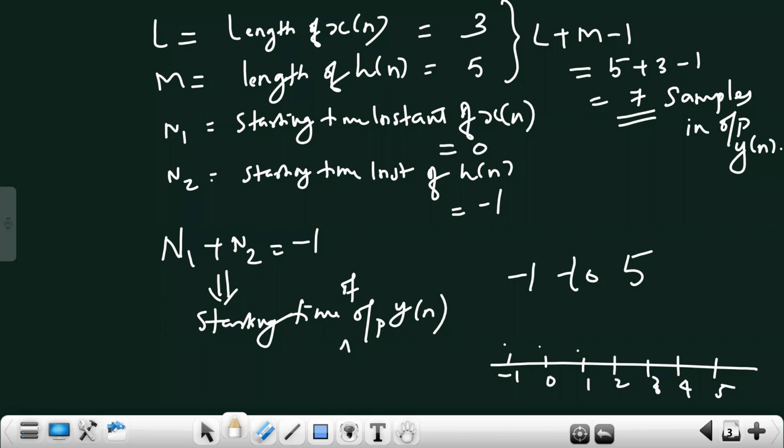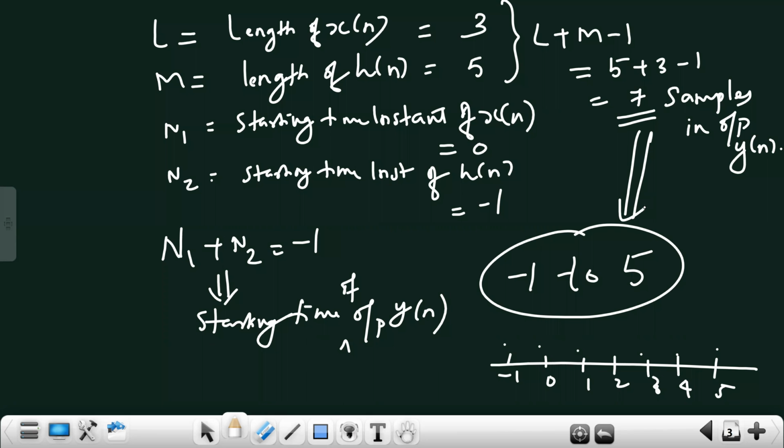Correct? So your output will start from -1 and end with 5. Is this clear for you? Any doubts? Any doubts, please ask.